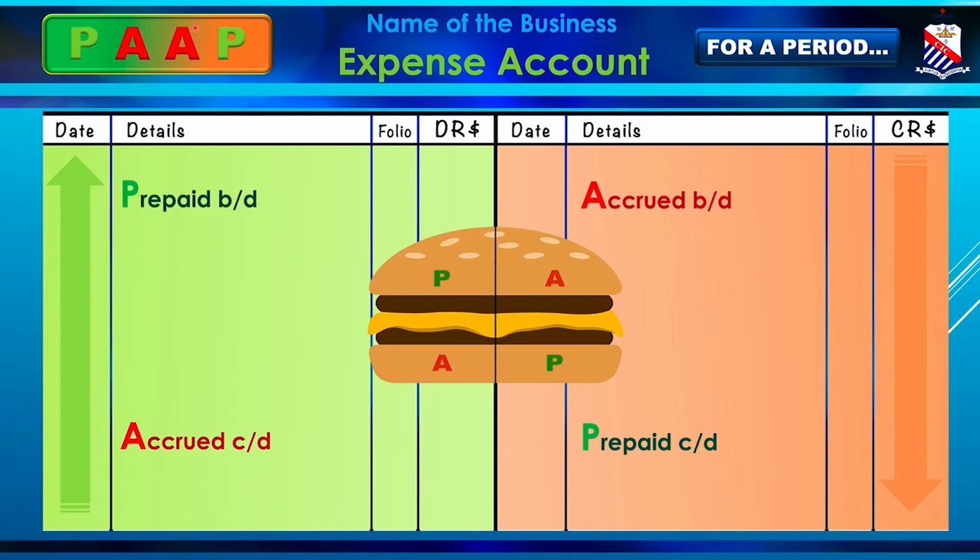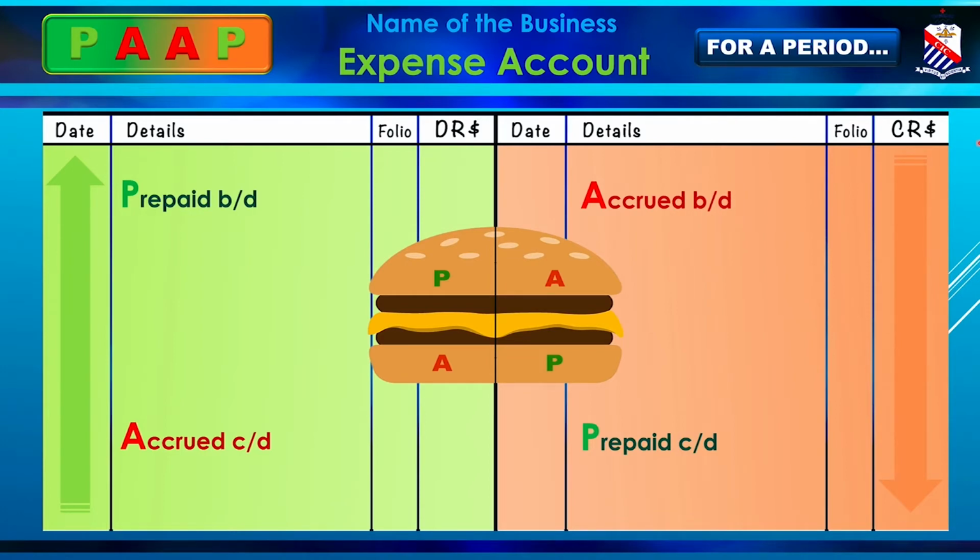So you have PAAP, and that represents the buns in our burger. So you would have the top bun, PA. You would have a top bun of PA, prepaid and accrued, and that would represent the prepaid and accrued here. So P and A, and you see that on top there.